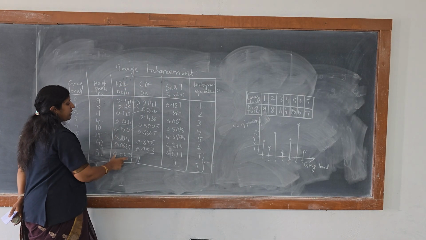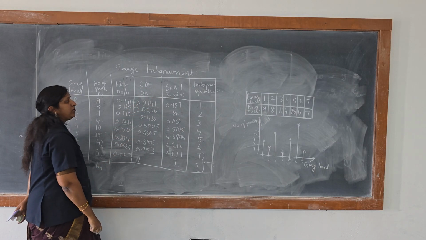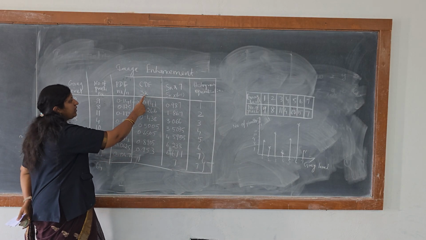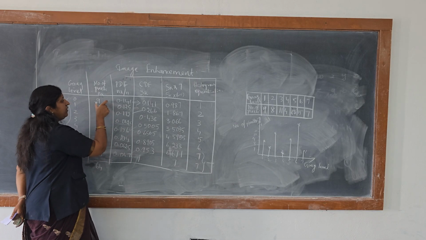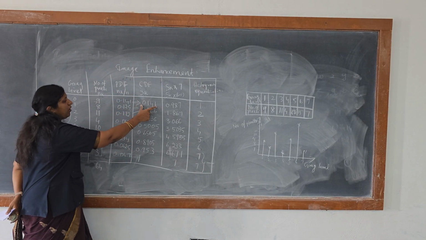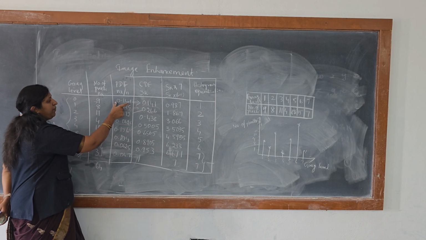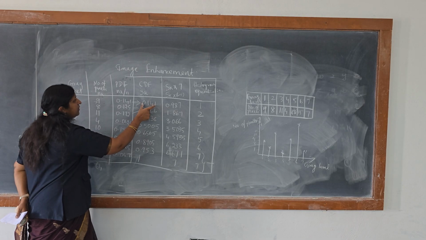After calculating the PDF value, we calculate the cumulative distribution function, represented as Sk. For the first value, we take the same PDF as the CDF.